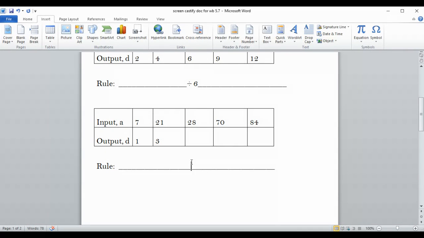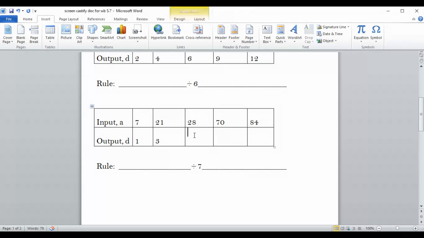I hope you said, since we started with a larger number and ended up with a smaller number, we must have divided. And what did we divide by? 7 divided by what equals 1? I hope you said 7. Let's double check. 21 divided by 7 equals 3. That's true.